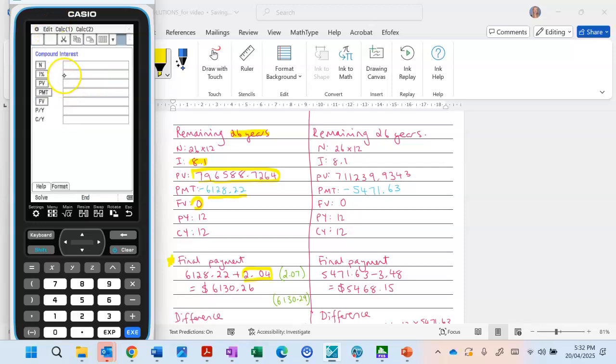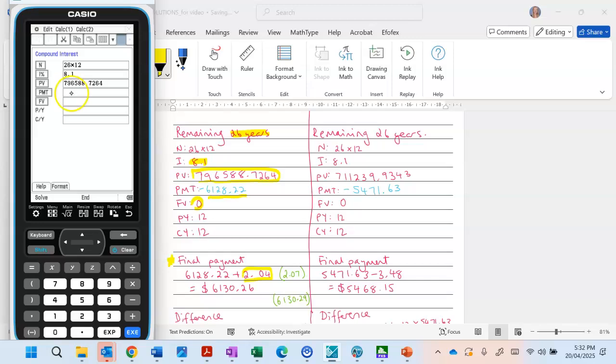let's just clear that. So we've got 26 times 12. Our interest rate is 8.1. Our principal value, 796588. I feel like I'm making a phone call. 0.7264.